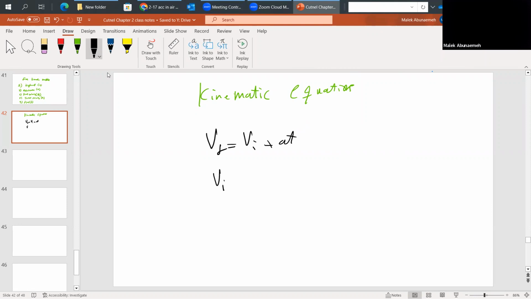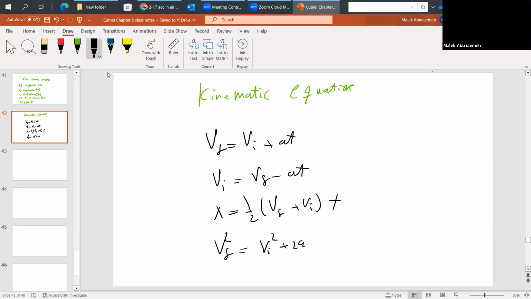Your v initial is going to equal your v final minus at. Your x equals 1/2 times v final plus v initial times t. Your v final squared is going to equal v initial squared plus 2ax. And the last one, your x equals your v initial times t plus at squared over 2. And we defined each one of those equations.